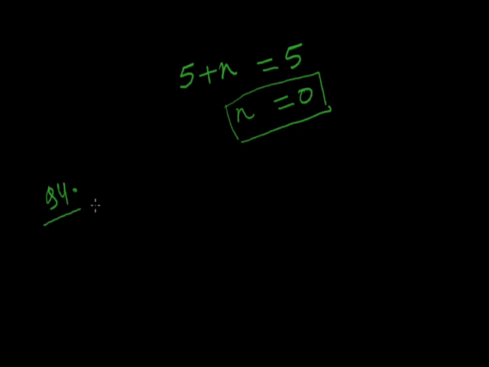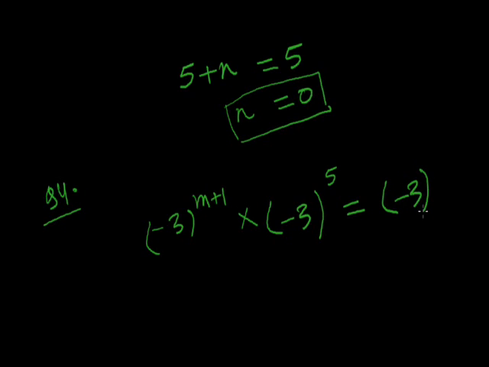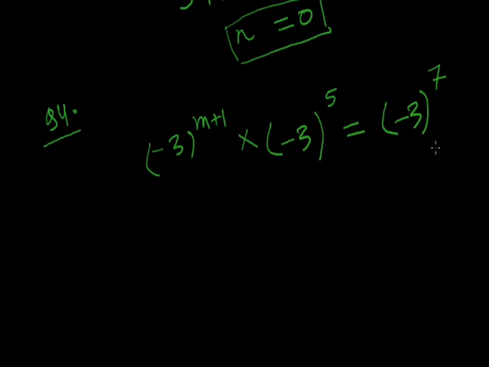Question number 4 is: find the value of m so that (-3) raised to the power m plus 1 multiplied with (-3) raised to the power 5 is equal to (-3) raised to the power 7. Now you can see that the base is the same, which is minus 3, just the powers are different.